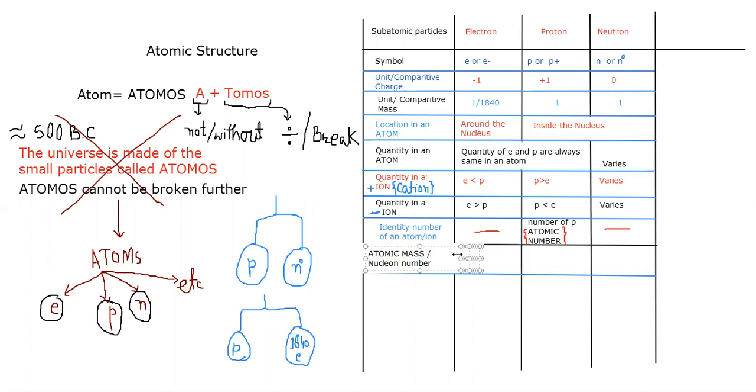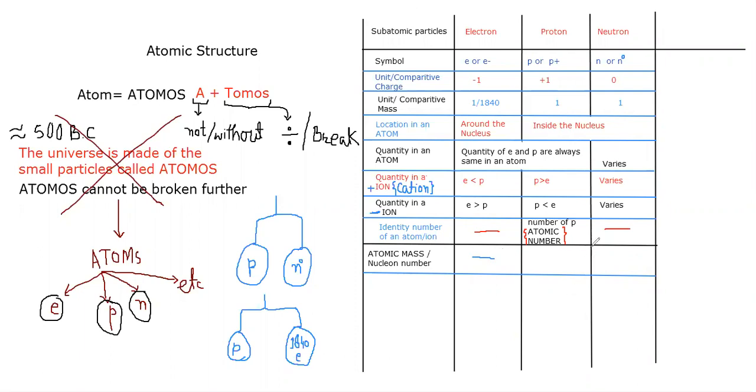Because most of the mass of an atom is found inside the nucleus, meaning the quantity of protons and neutrons. So there is no role of electron in the atomic mass. When you talk about the proton and neutron, this is a sum of proton and neutron that you need to understand here.